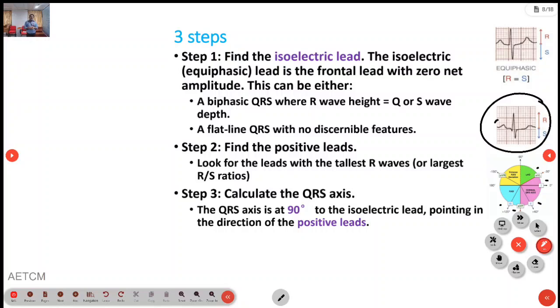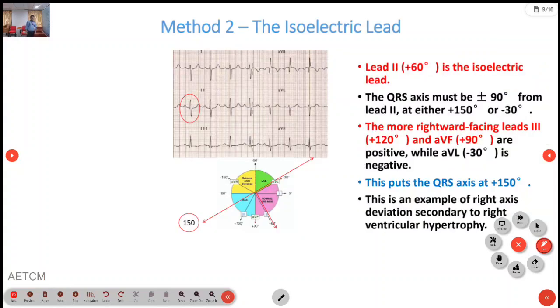Step 2, find the positive leads in that group. Look for leads with the tallest R waves or longest RS ratio. Step 3, calculate the QRS axis. The QRS axis is 90 degrees to the isoelectric lead, pointing in the direction of the positive leads. We will see examples so that you will understand it. It is very difficult for somebody to learn it.